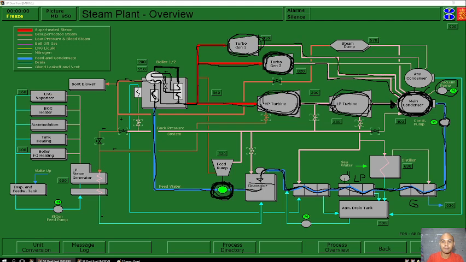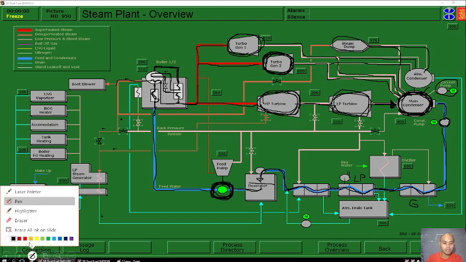Okay, and also a part of it goes to the atmospheric condenser, and then from the atmospheric condenser or from the main condenser also going to the steam dump. Oops, so this is separate. Let's erase this one.